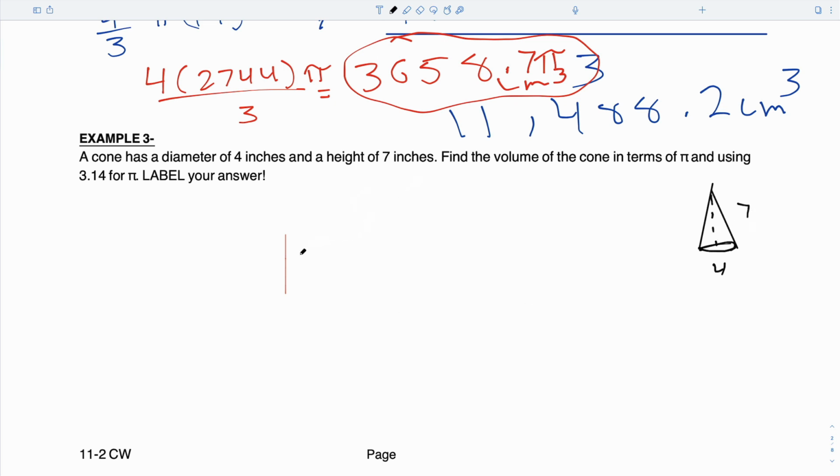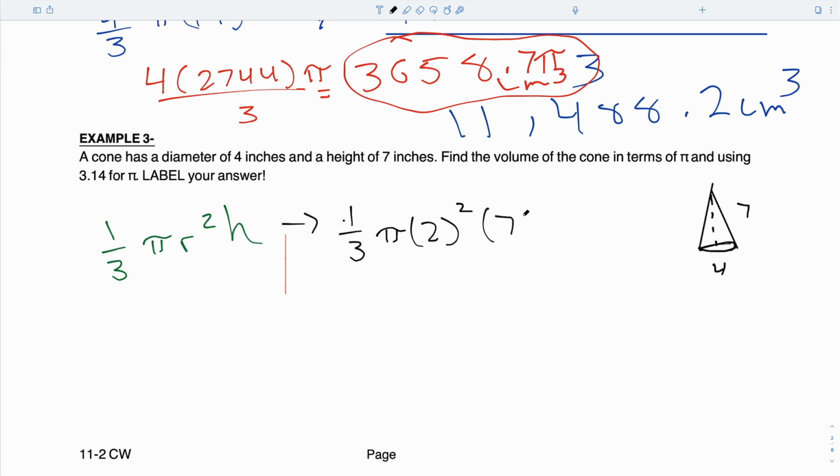Formula for the cone is what, Indy? It is 1/3 times pi radius squared times height. What's the radius? Indy, keep going. 2 inches. Okay. What's the height? Yep. 7. Okay, when you plug this into your calculator, how are you going to set it up, Indy?